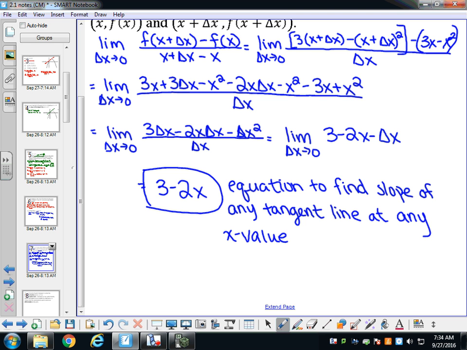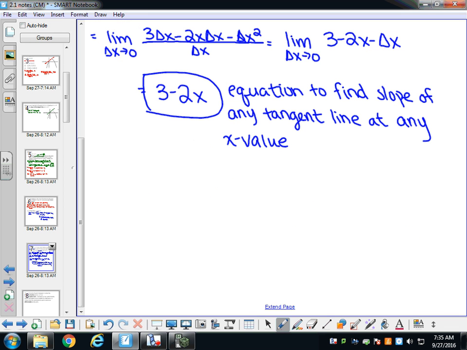So if I wanted to choose a different x value than, let's say, 1, I wanted to see what's happening maybe at 2. So I wanted to find the slope of a tangent line at x equals 2.